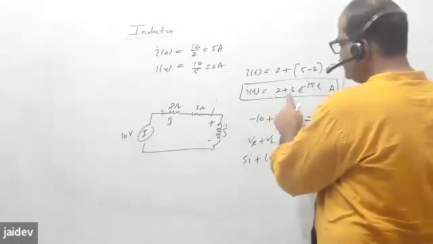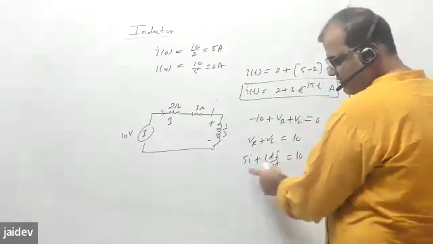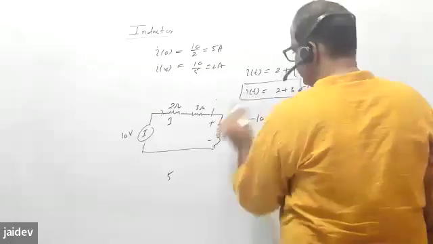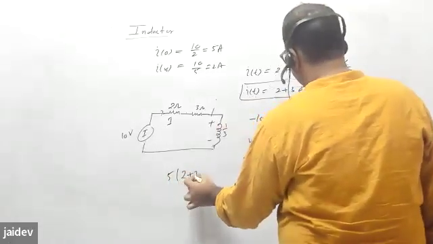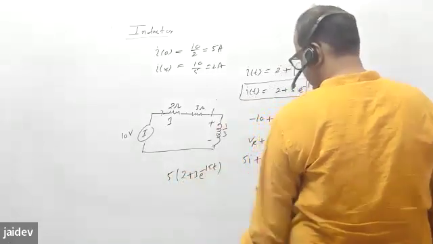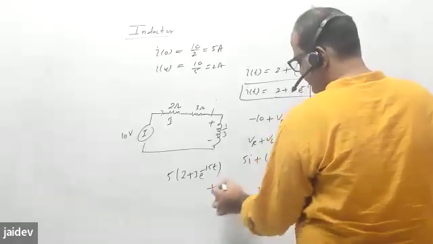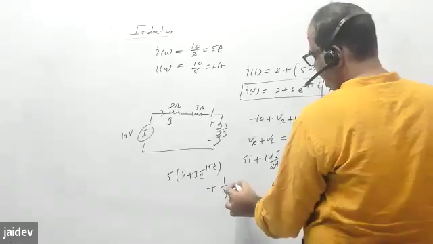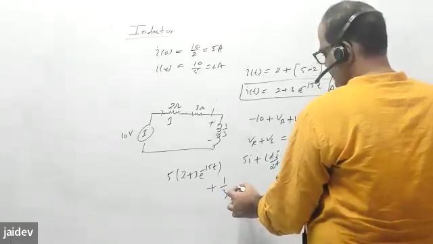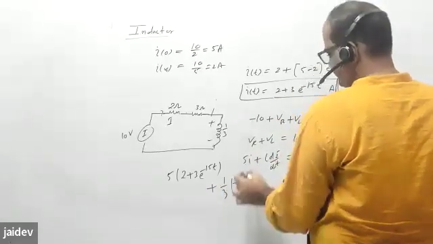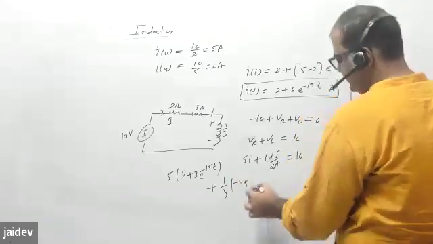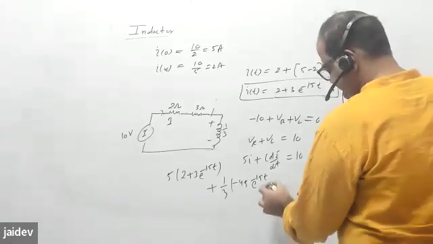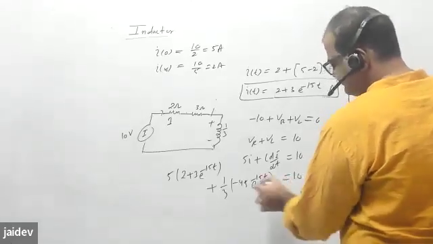Now you can use this equation, put it here, and check whether the left hand side equals the right hand side. So you have 5 times I, which is 2 plus 3 e power minus 15t, plus L is 1 by 3. Differentiate this equation, di by dt, how much will come? Minus 45 e power minus 15t, equals to 10.